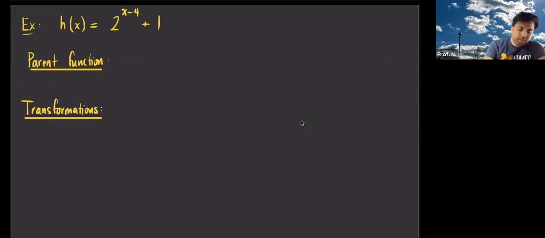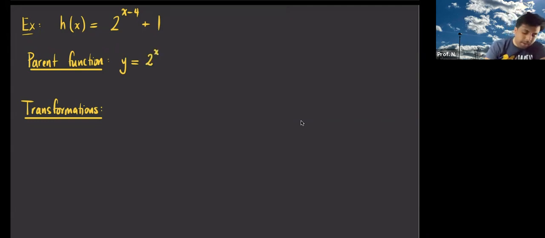My parent function is simply a number raised to the x power. So what is that number? What is that base? It's 2, right? So it's going to be 2 to the x again. So that's my parent function, 2 to the x.